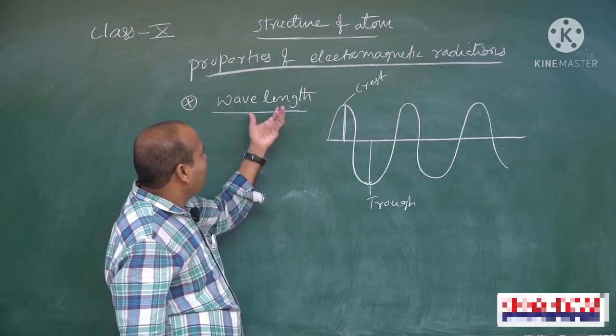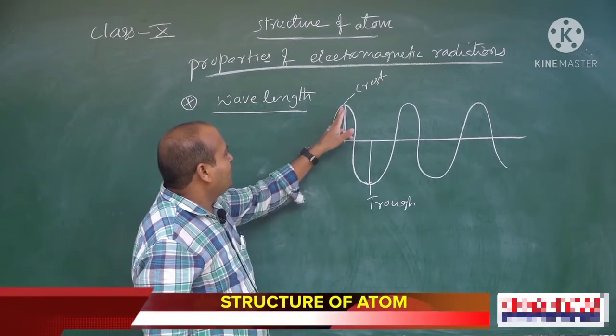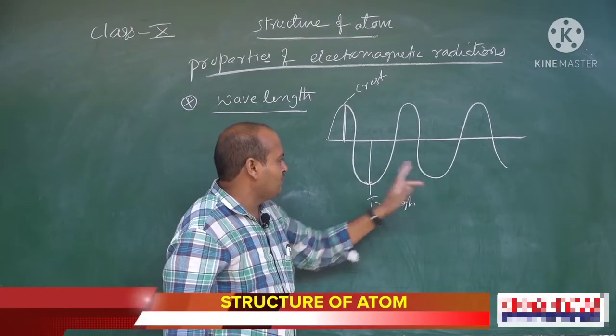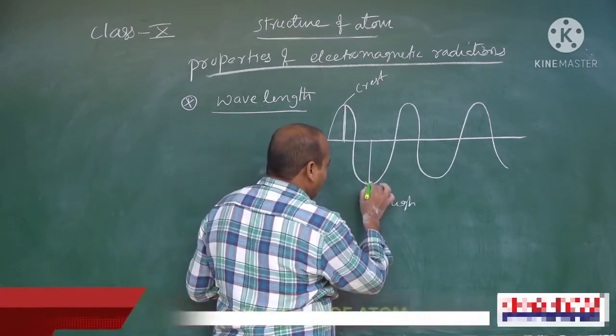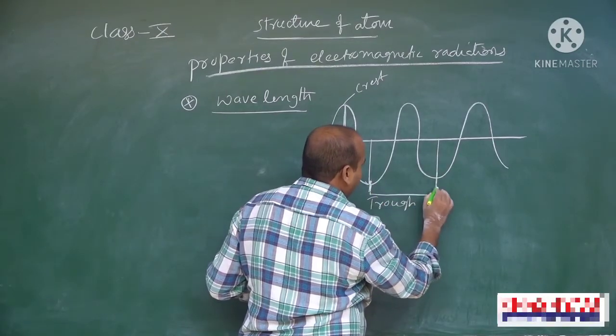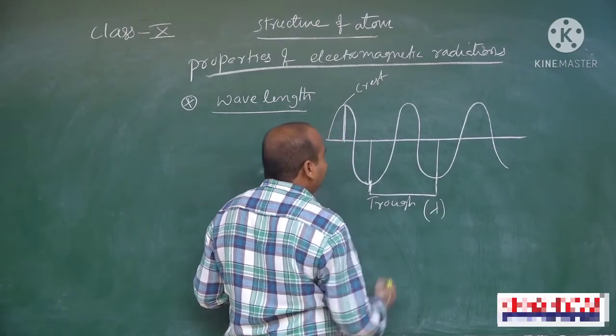So when you take the wavelength, we can define it as the difference between two successive crests or two successive troughs. Suppose you take this one and this one, the difference between two troughs is called wavelength.